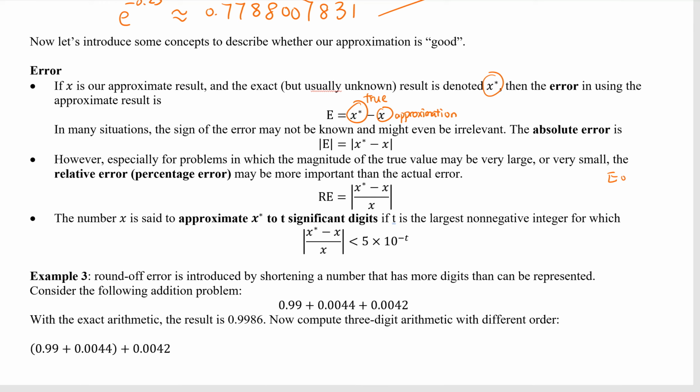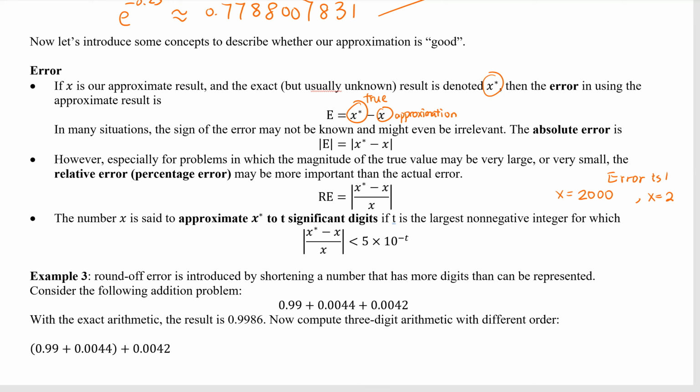If I only tell you the error is 1, then we have no clue whether this is good or not. If the approximation is like 2000, an error of 1 is pretty good. But if x is 2 and the error is 1, then the error is quite big, right? So sometimes we want to know not only the error, but also the relative error.